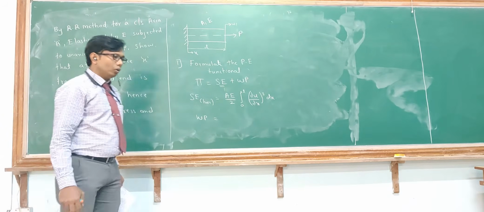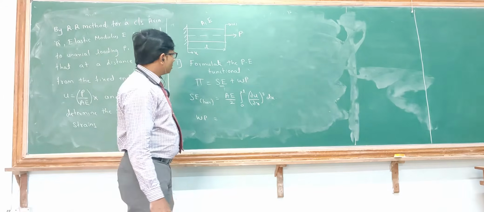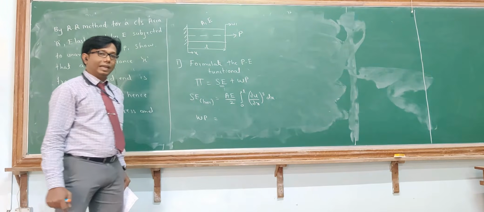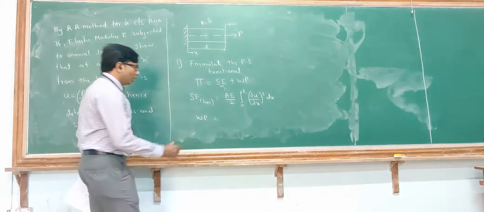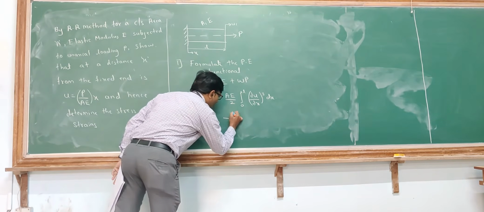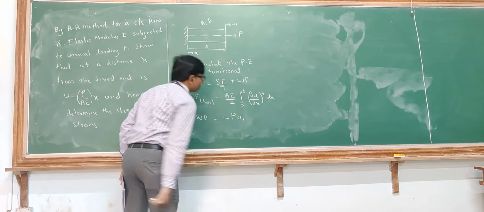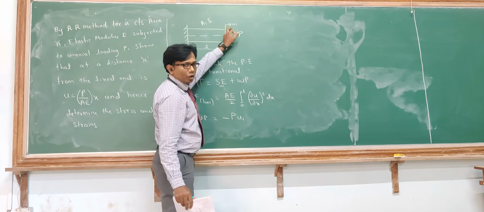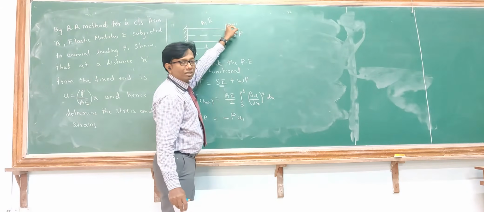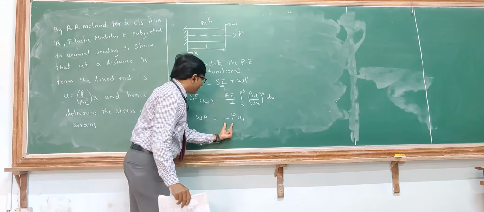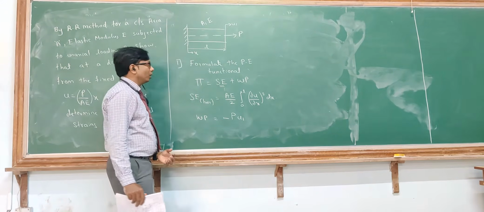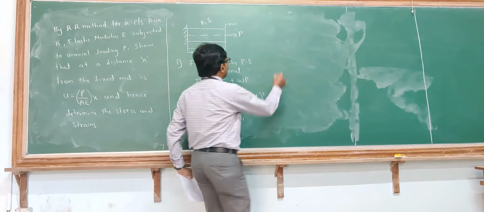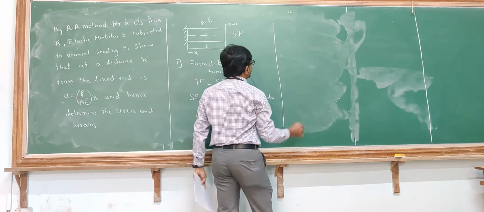I have already told you the work done is on the system, so we will consider a negative term as the work done. The displacement which we are considering here is U1. Because of this load there is a displacement U1, so I'll write it as minus P into U1. So I'll combine them and write pi.